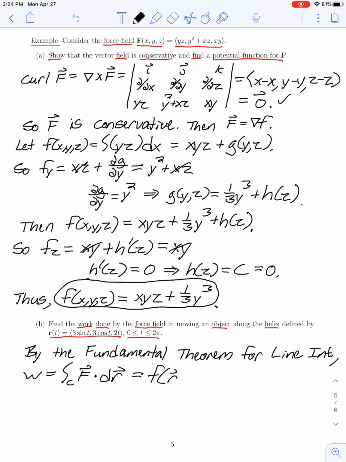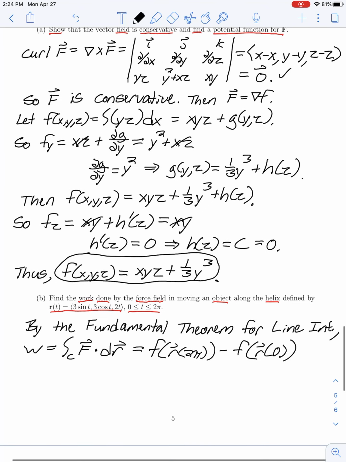So that would be what I get from my vector function r when I plug in 2 pi for t, and the value of the potential function f at the initial point of my curve. That is what I get by plugging in 0 to that vector function.